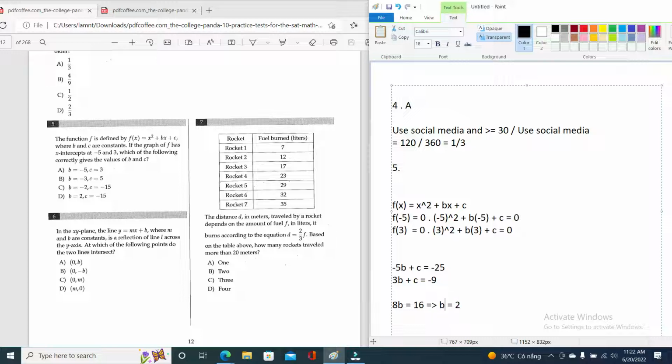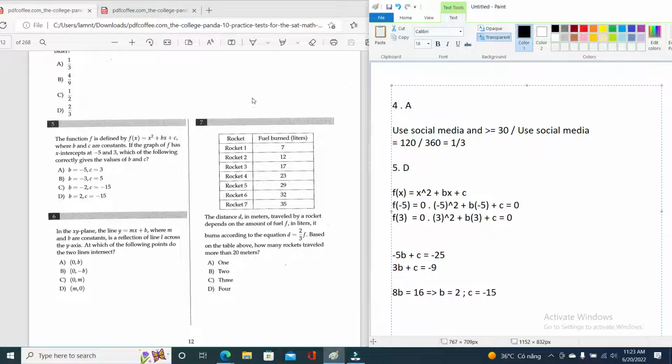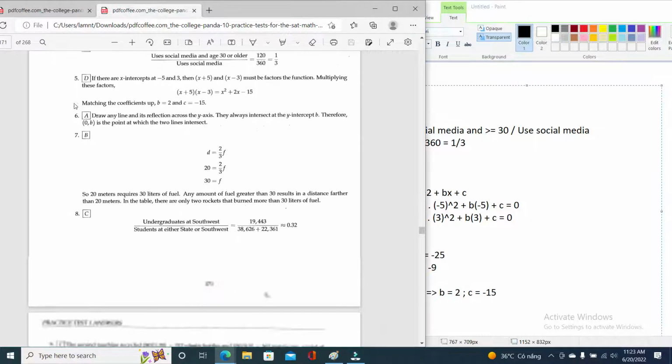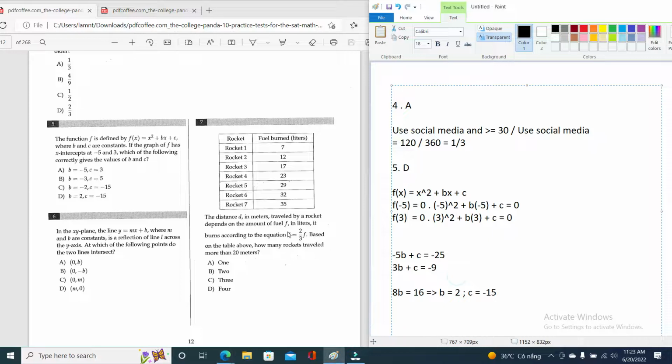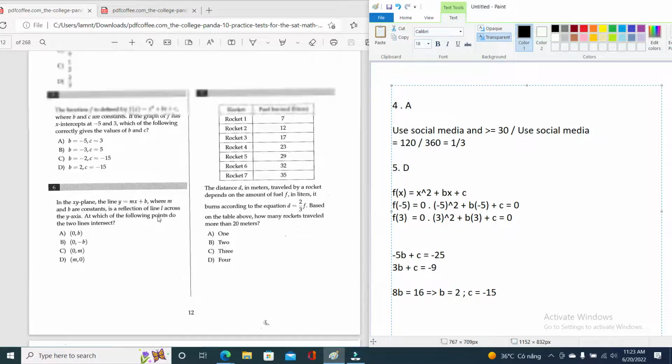That in turn yields c equal to minus 15, right? So it should be D. It should be D. Right, so 5 is D. Okay, 5 is D, alright.